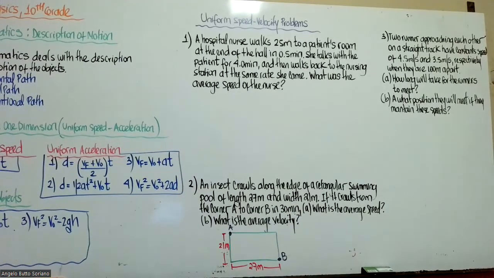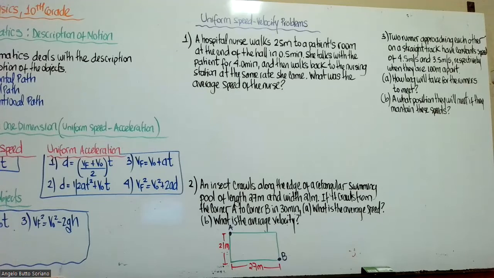Because d represents displacement or distance, v represents velocity or speed, and t a period of time. But we must be careful when applying the concepts, because even though we have one singular equation, if you don't have any idea of the descriptions and concepts, like average speed versus instantaneous velocity, it's easy to get confused with the problems. Okay, so let's start with problem number one.